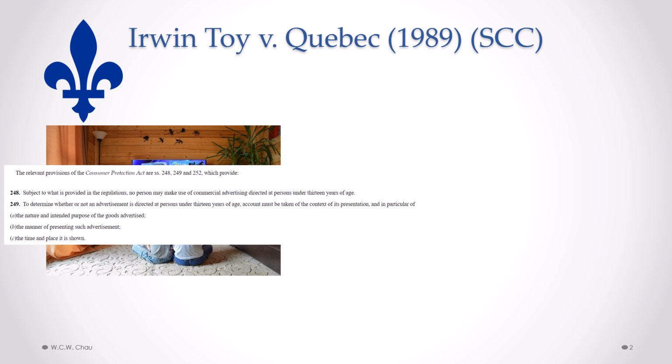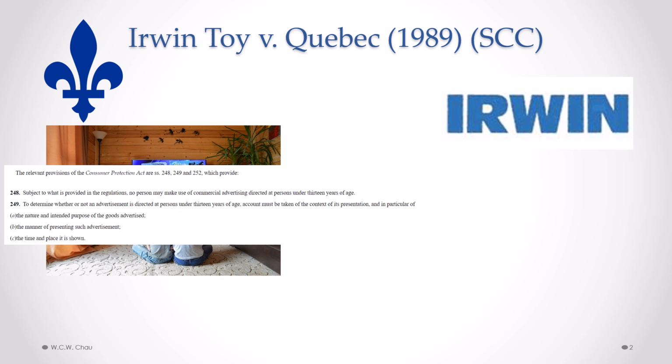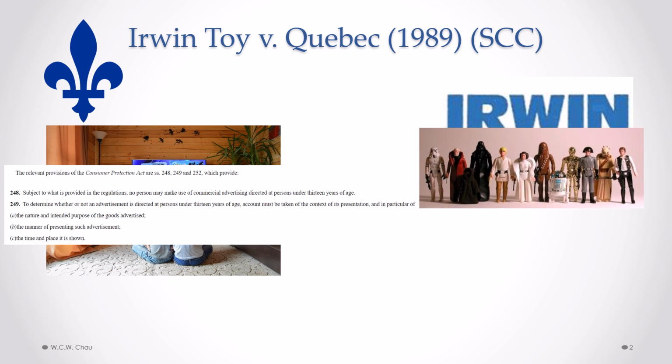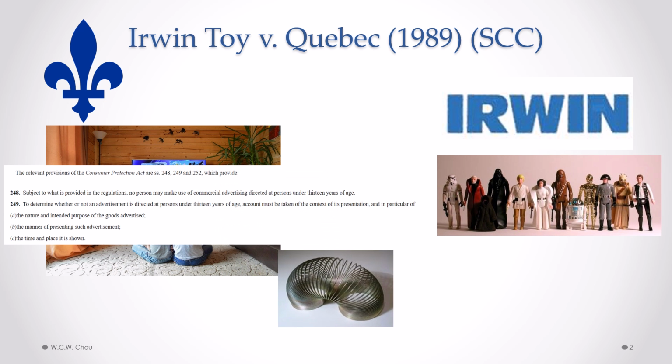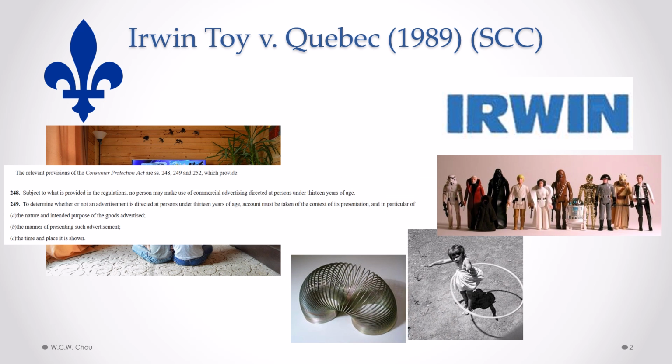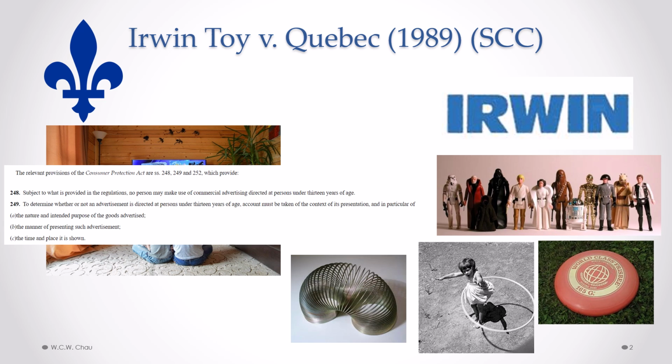At that time, one of the major toy companies in Canada was Irwin Toy. If you haven't heard of Irwin Toy, you might have heard of some of their actual toys. Something I remember as a kid was Star Wars action figures. Irwin Toy sold those in Canada.